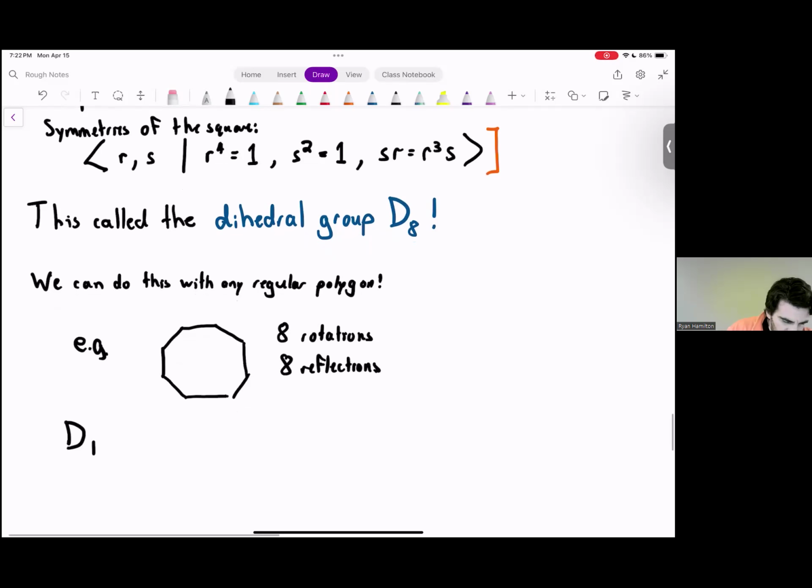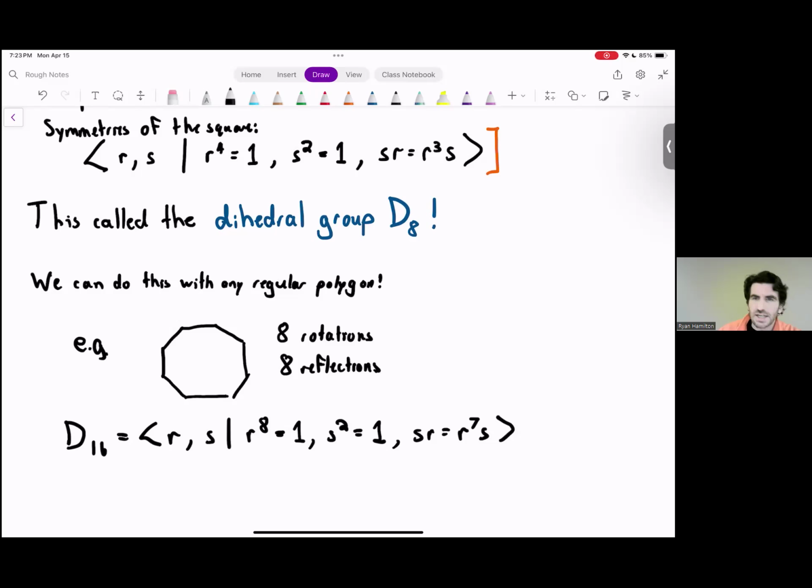And in this case, D16 is going to be still generated by two letters. So the rotation by, can't say 90 degrees anymore because that doesn't really make sense, but let's say rotation by 1/8. So how many degrees is that? 45 degrees. And it's going to satisfy almost the same relationships, except I get an r to the 7 in this final one.